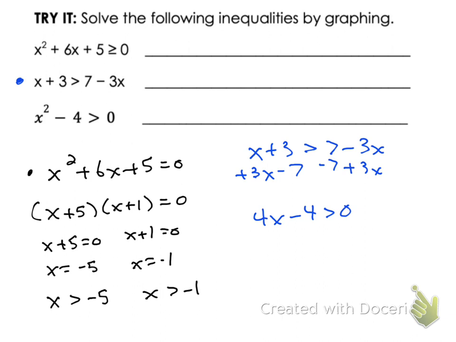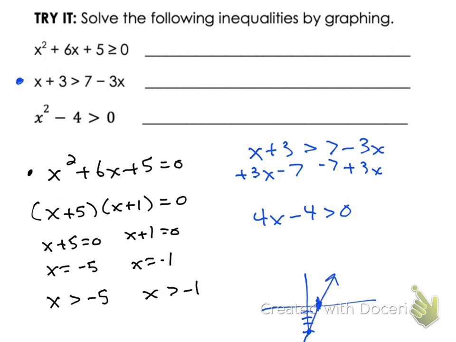Okay, so if we graph that, this one's easy to graph, right? Like if we had x, y there, 1, 2, 3, 4, and our slope is 4 over 1, so we'd be up 4, right 1.